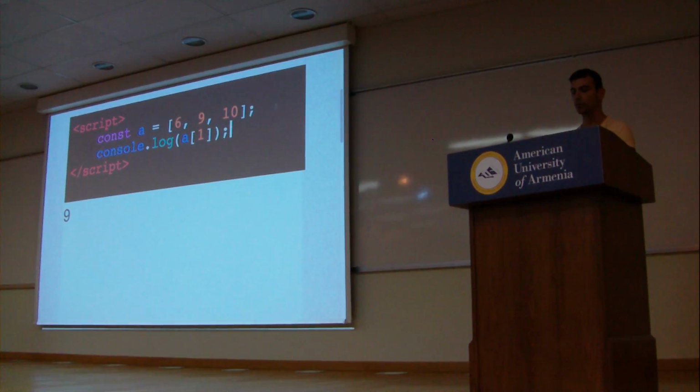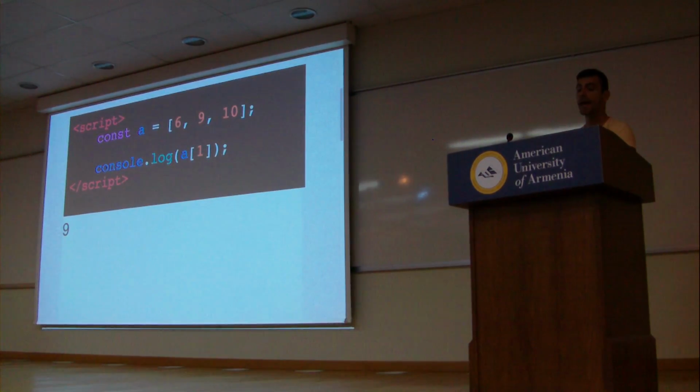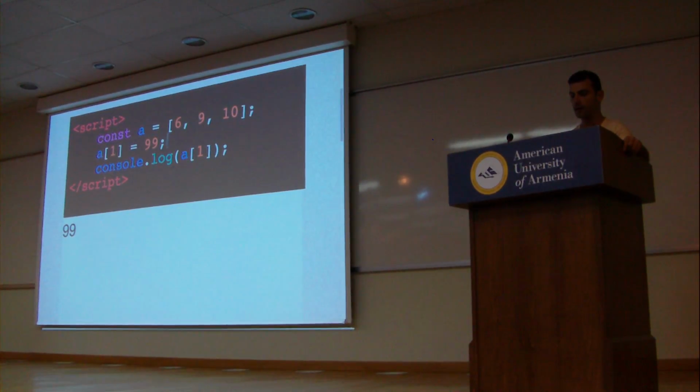Okay. What we can also do is take whatever's here and assign it a different value, like 99. So what I'm doing is changing the value at index 1 from 9 to 99. Is that clear?